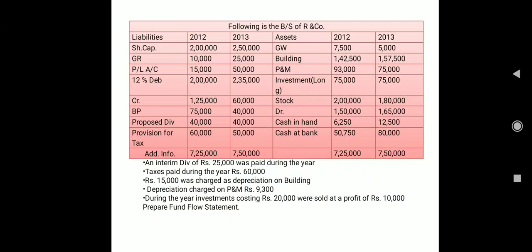We'll open a separate ledger account for building and try to find out whether it is a purchase or sale in the further pages. We will do the same with plant and machinery and investment also. Generally we do these working notes for those items for which we have opening, closing and additional information present in the question.